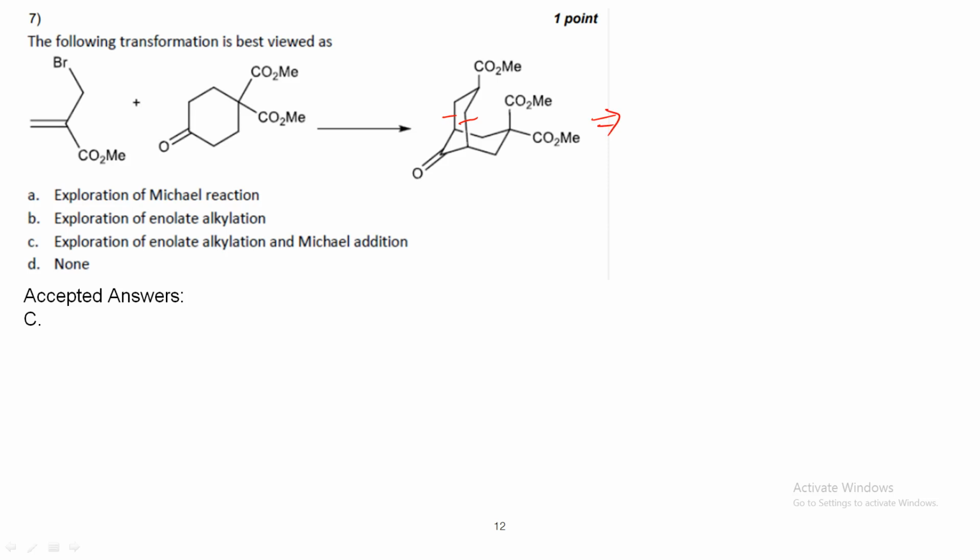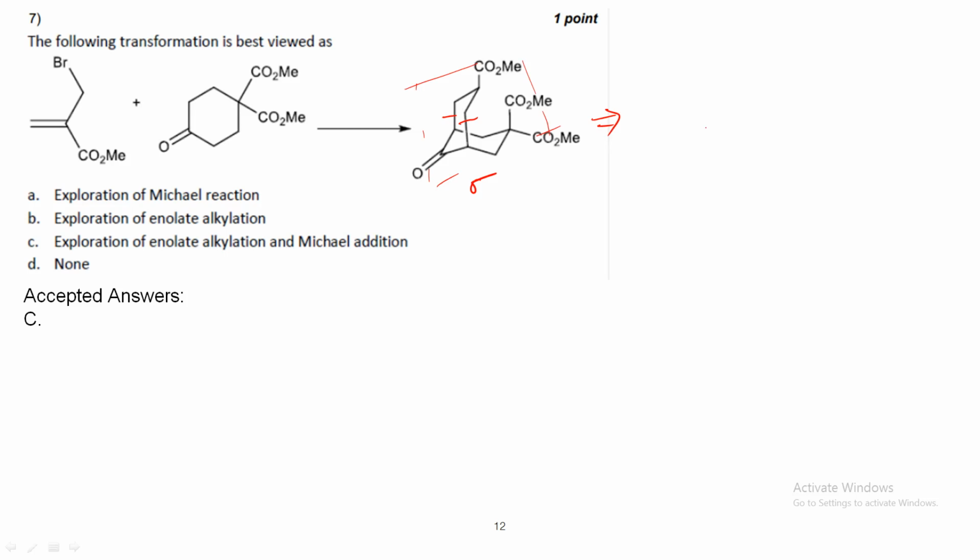You also saw in one of our first problems that for the disconnection we need to maintain the symmetry, and here it has a sigma plane. This thing we discussed in a previous problem. So when we do the retrosynthesis we always try to maintain that.